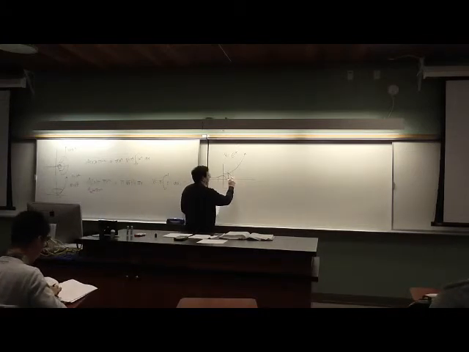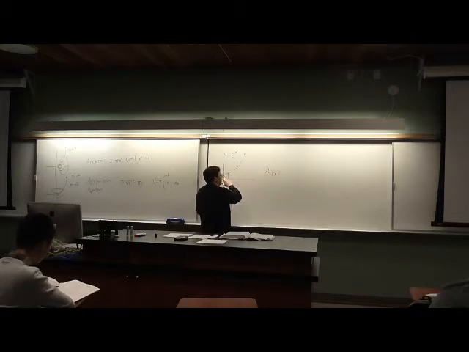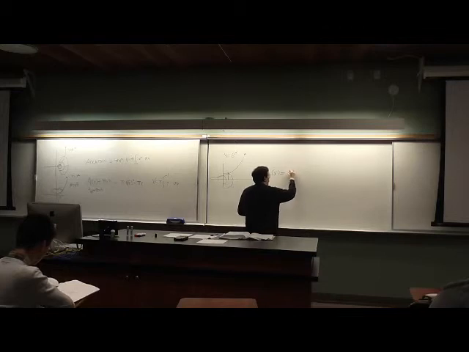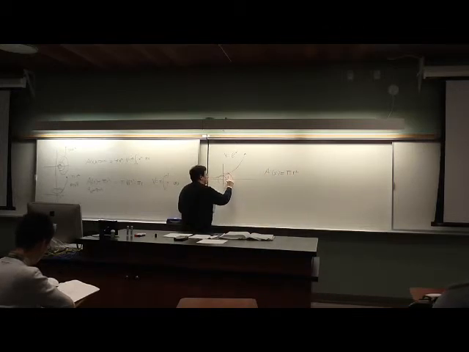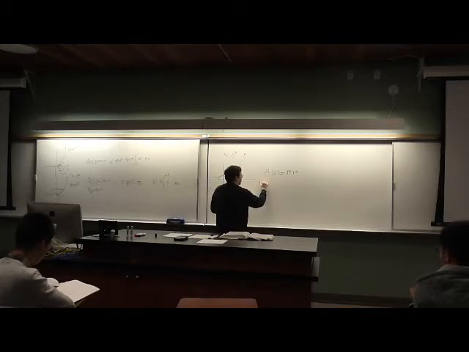Here again, we have an area function. We're going to integrate along x. So the area is pi r squared, where r is what, in terms of x? R is just e to the x.